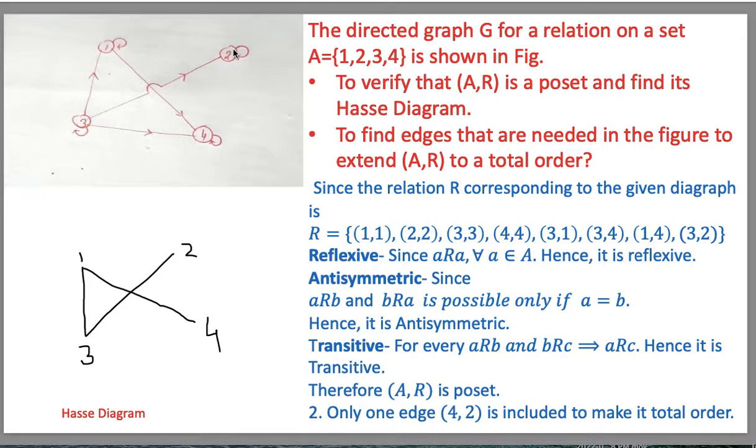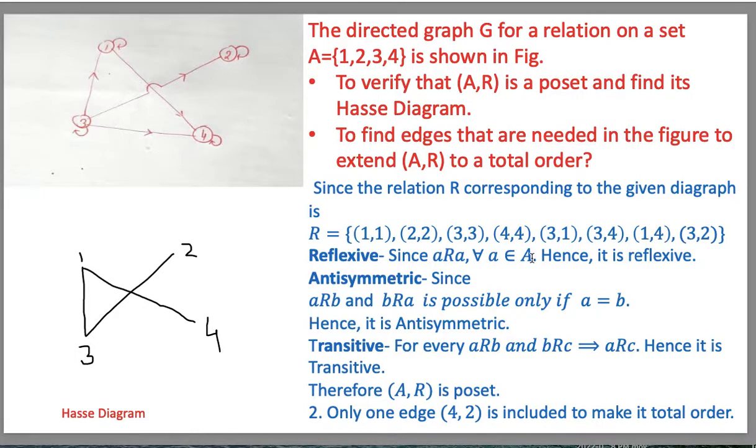So if we include the edge 4 to 2, meaning we join 4 to 2 and the arrow is in this direction, then it will become totally ordered.